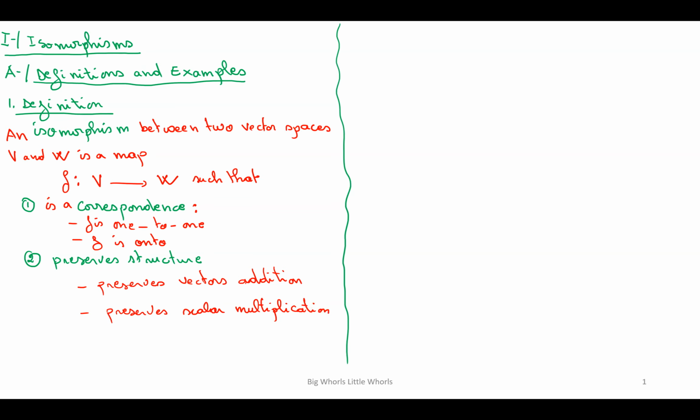That is what we mean by an isomorphism. An isomorphism is a linear map between two vector spaces, and that linear map must meet these two conditions: correspondence and preserving structure.